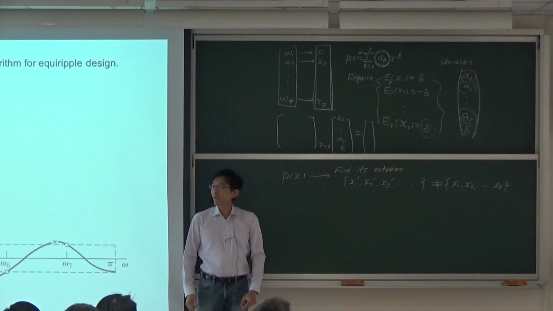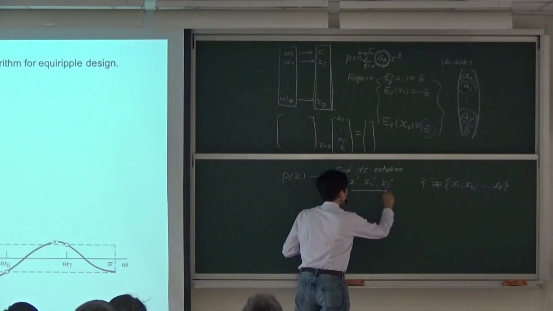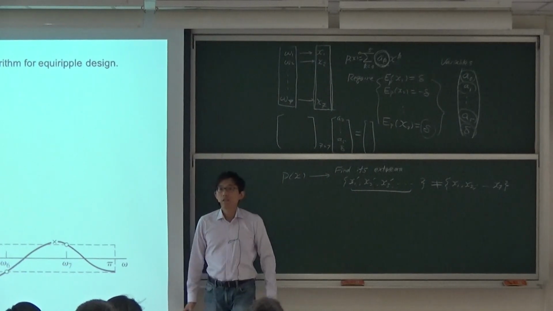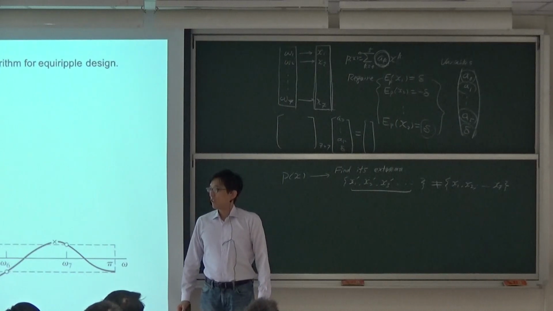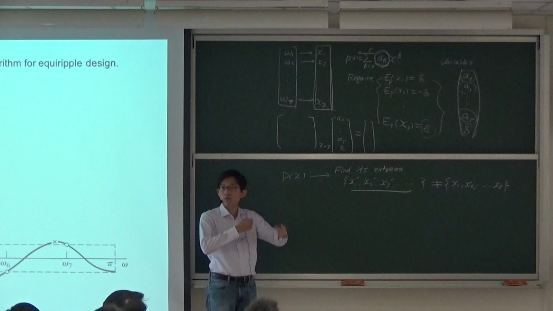So the idea is very simple. We treat these actual extrema as our new guess of the alternation frequencies, and then repeat the whole process. This is by iteration.